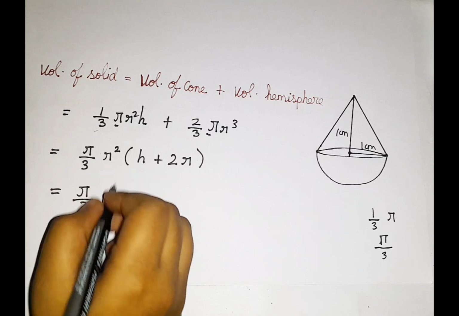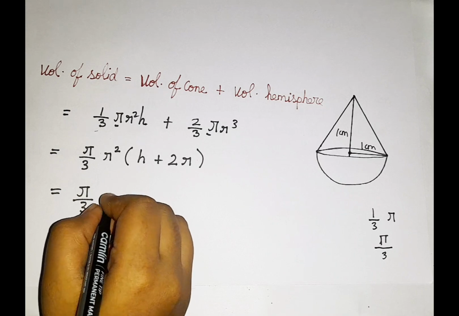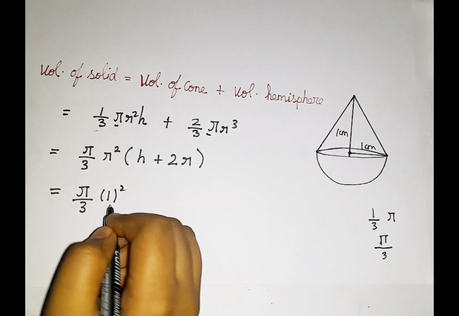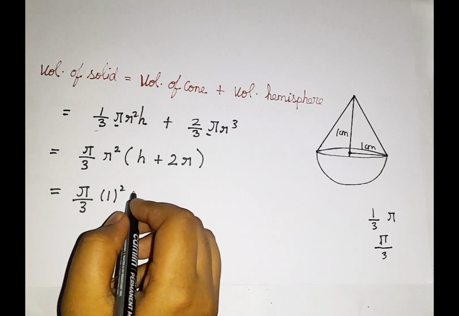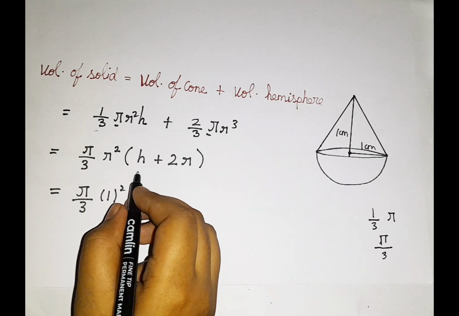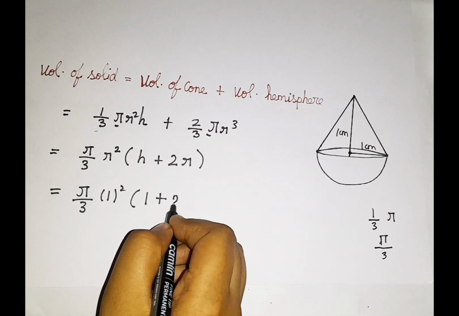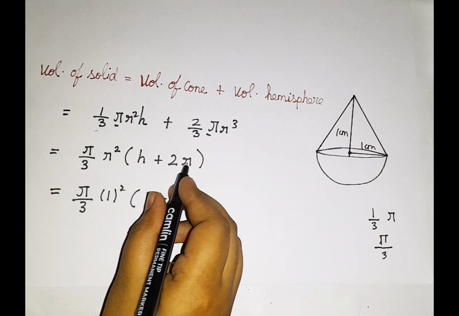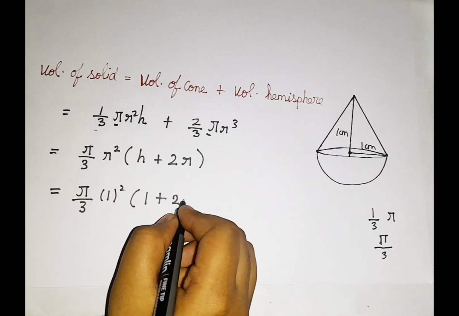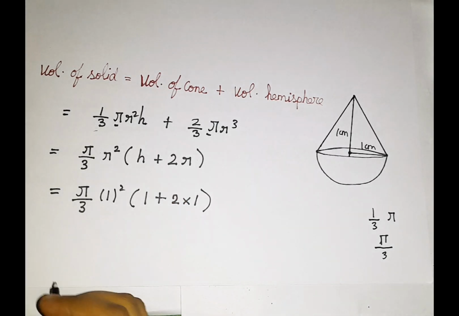What is the r value? The r value is 1, so since we have square, let us write square in bracket. Now in bracket, what is the value of h? The value of h is 1, and then plus 2 into r. Here the r value is 1, so 2 into 1. r means radius.